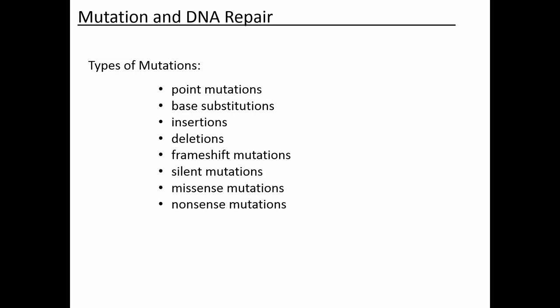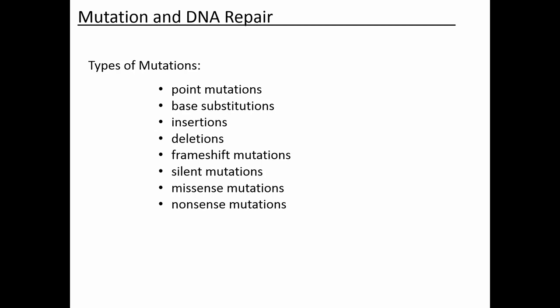Another way of thinking about this is that base substitutions cause missense mutations. That's easy to visualize. You have a codon, and if you mutate it to a different codon through a base substitution, now it codes for a different amino acid, and that's going to lead to a missense mutation.